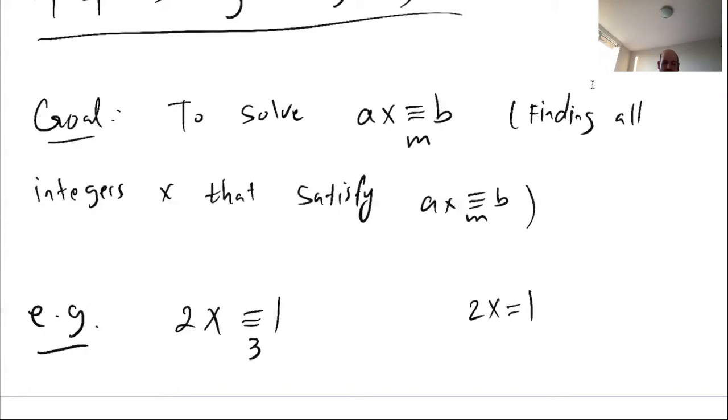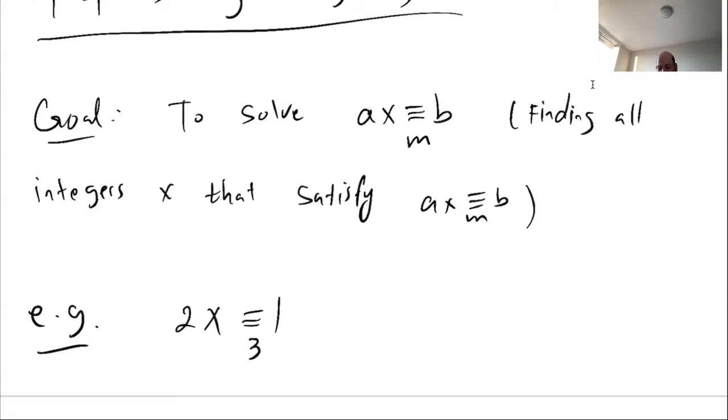Still, we can use that idea. I will tell you in a few minutes that we can still multiply both sides by the inverse of 2, but then the inverse of 2 will not be 1/2 anymore. I'll explain this. But before finding an algorithm for solving a given congruence, let's see whether we can at least guess a solution, by inspection or just checking numbers one by one.